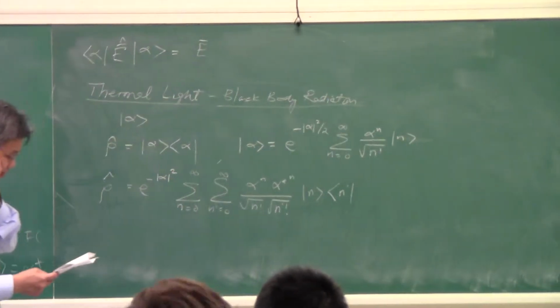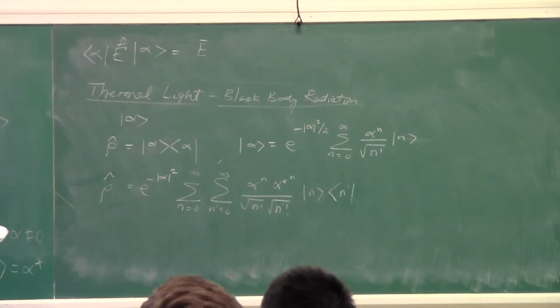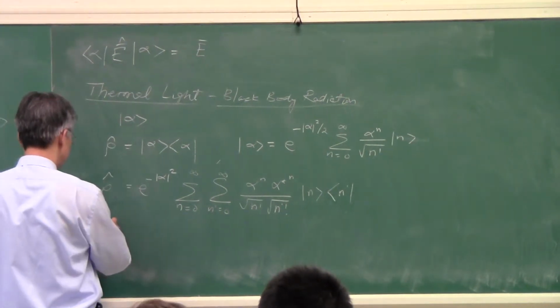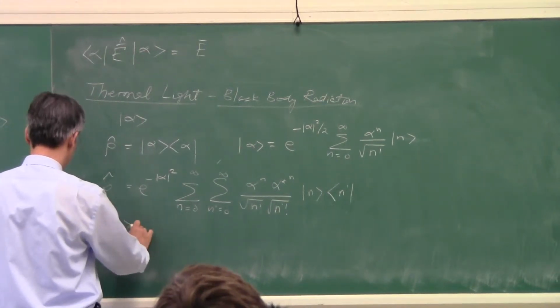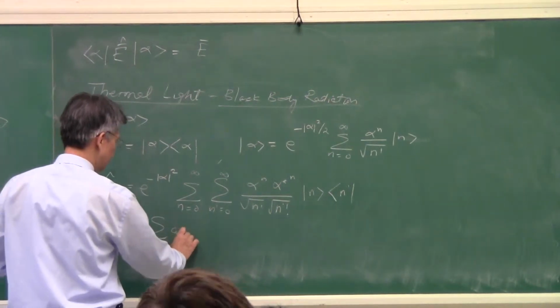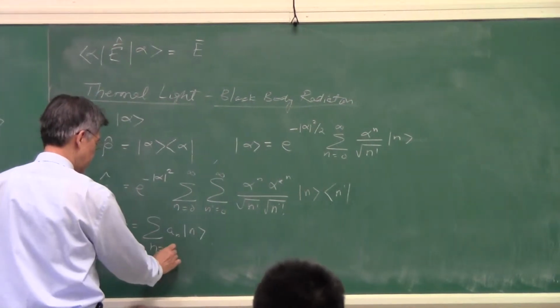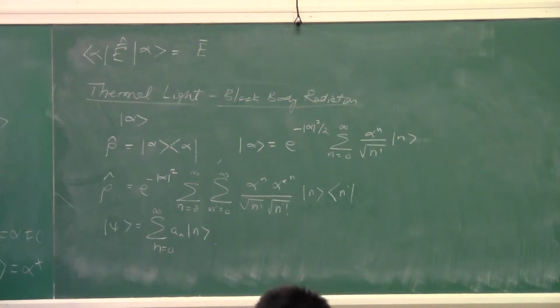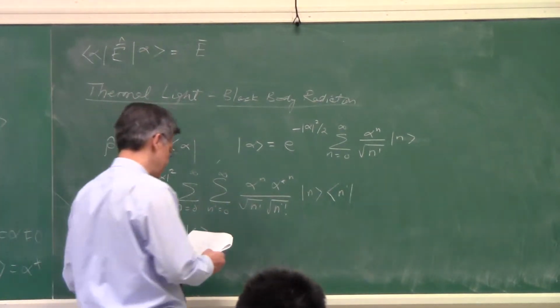But if we have thermal light, the thermal light should be expressed by a quantum state which is a linear superposition of photon number states, but then all these photon number states are incoherent with respect to each other.